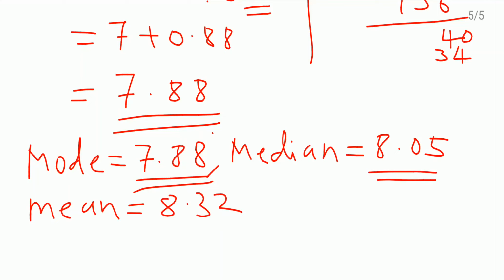This is also approximately 8, and this is also approximately 8, right? It means that every surname we can say has nearly 8 letters, correct? A slight change is there in mean, median and mode, but approximately those values are coming near to each other. Okay, I hope all of you understood this sum. Thank you.